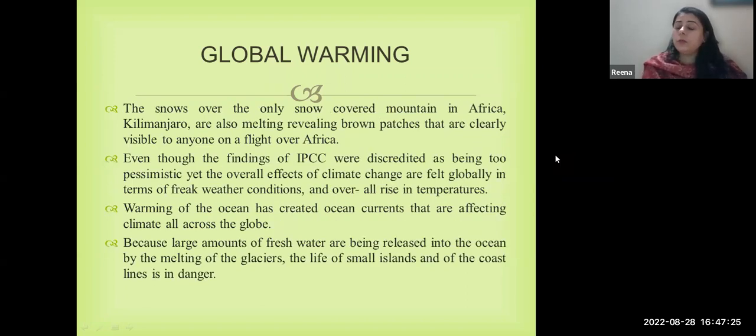So there are many IPCC, the Intergovernmental Panel on Climate Change, reports which have been discredited as being too pessimistic. Yet the overall effects of climate change are felt globally in terms of freak weather conditions. When the IPCC report was initially launched, it was criticized to an utmost level because all the projects and our development activities would be threatened by the impacts identified by the IPCC.